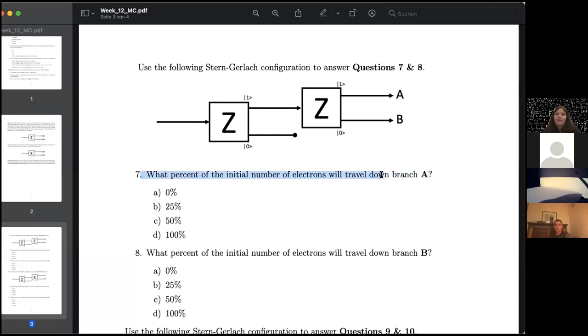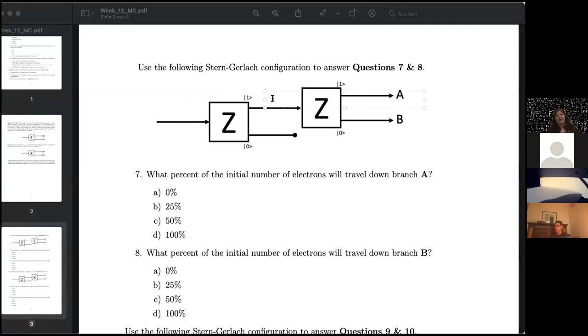The question in number 7 is: what percent of the initial number of electrons will travel down branch A, and what percent down branch B? Here you have to think about what happens at each step of this apparatus. I will do it with text. Okay, it works.